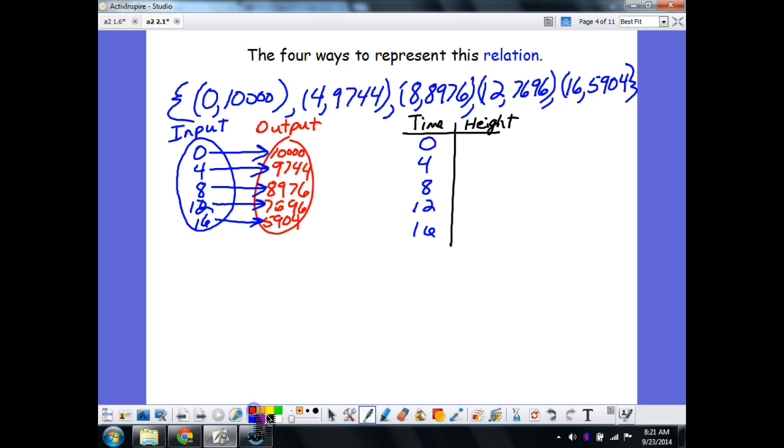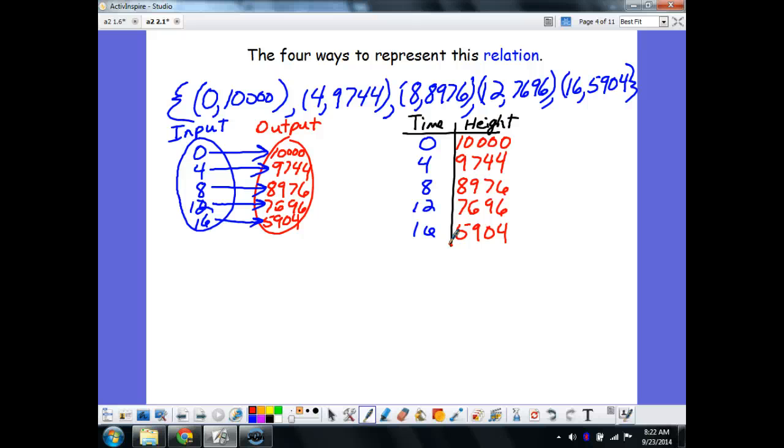And right across from there goes our heights, or the outputs, 10,000, 9744, 8976, 7696, and finally 5904. So that's the table. So we've got 3 of them so far. The ordered pairs, the mapping diagram, and finally the table.